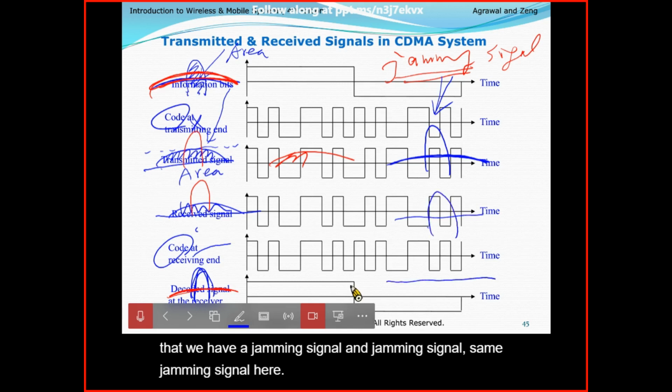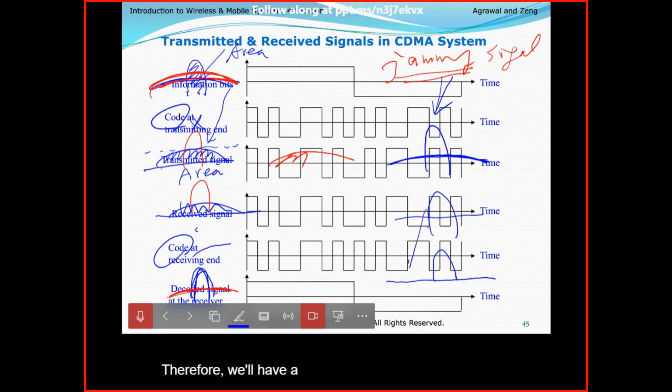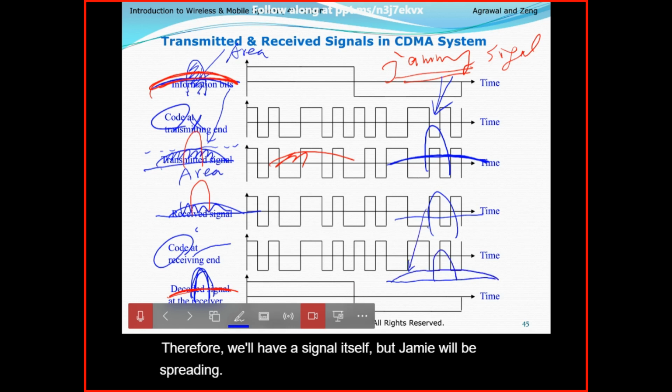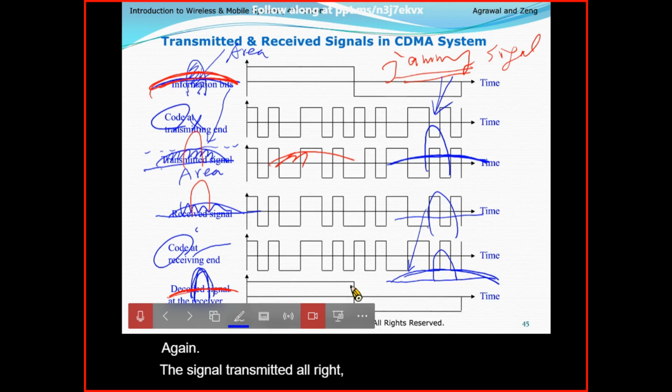Therefore, we will have the signal itself, but the jamming will be spread. Again, the jamming signal cannot interfere with the transmitted signal.